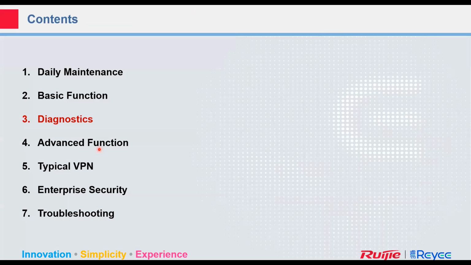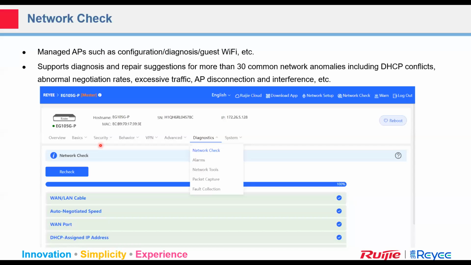All right, next, we're going to go through how to diagnose the network using the diagnosis tools here. As a network check, you can run diagnosis on the managed AP on the EG, either guest Wi-Fi or any configuration or diagnosis on the AP.